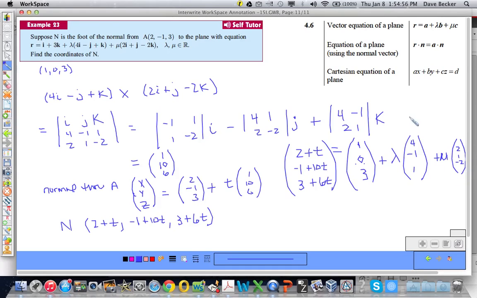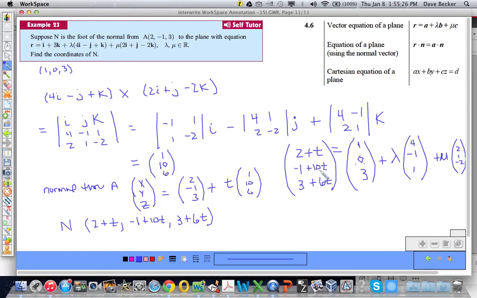Okay, so if that's true, I'm not going to write all this down because I'm running out of room, but 2 plus t must be equal to 1 plus 4 lambda plus 2 mu. Negative 1 plus 10t must be equal to 0 minus lambda plus mu. And 3 plus 6t must be equal to 3 plus lambda minus 2 mu. Okay?